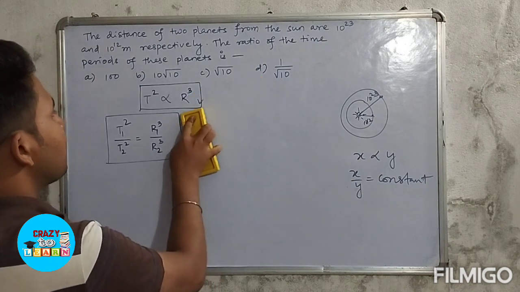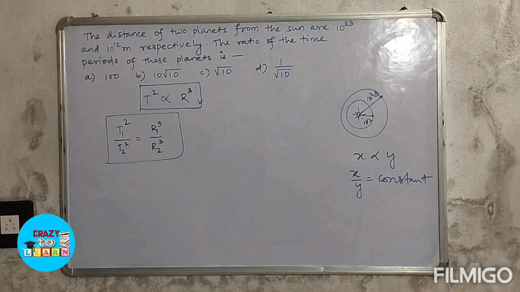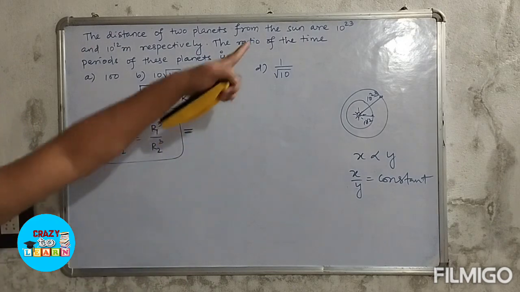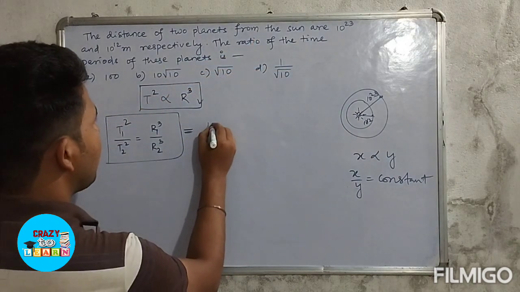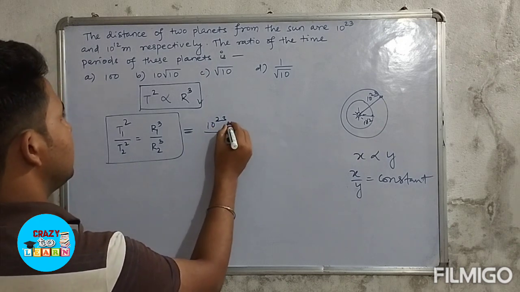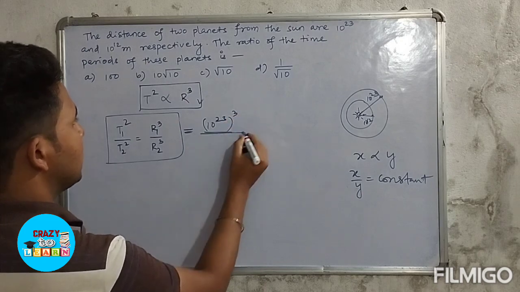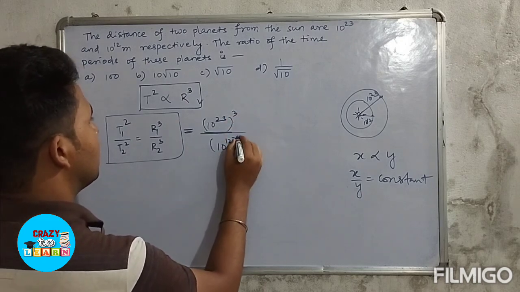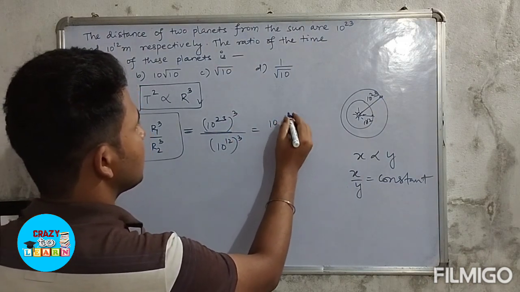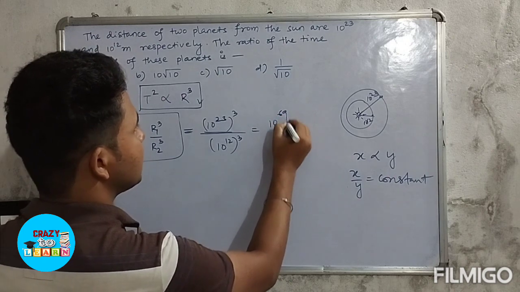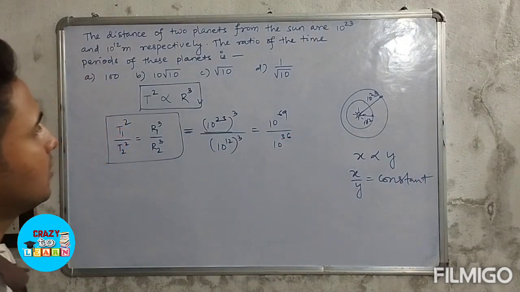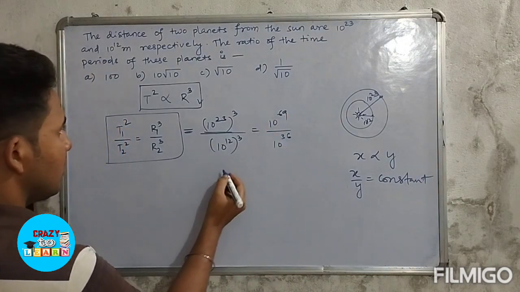So for directly proportional quantities you can write it like this. Now, in place of R1 and R2, what is the radius given to you? 10 to the power 23 whole cubed divided by 10 to the power 12 whole cubed. 10 to the power 23 whole cubed means 10 to the power 3 times 23, which is 69, divided by 10 to the power 12 times 3, which is 36.